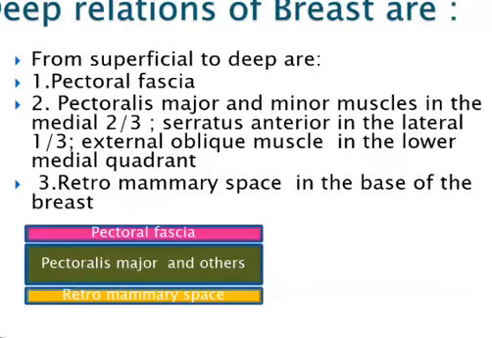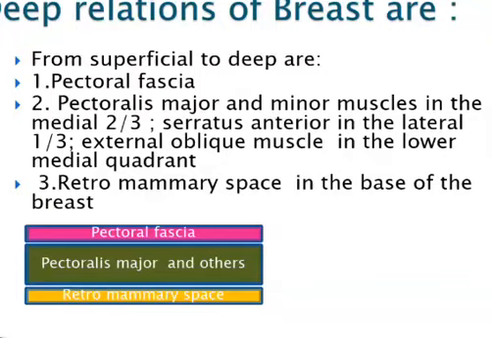Then we go to deep relations of the breast. These are from superficial to deep. Immediately deep to mammary gland there is pectoral fascia, you can see in the picture. Then we have a second layer that includes muscles we just discussed, that is pectoralis major and minor muscles, in the medial two-thirds, and the serratus anterior in the lateral one-third.